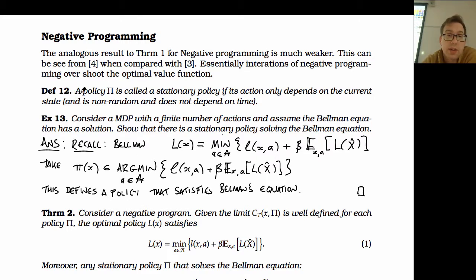A policy pi is called a stationary policy if its action only depends on the current state, okay? So it doesn't depend on any randomness, it doesn't depend on time, it doesn't depend on the history, it just depends on the current state that you're at, x.